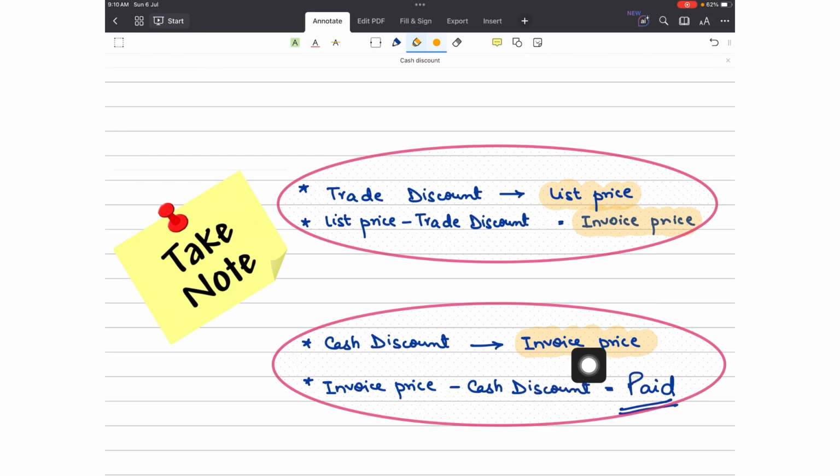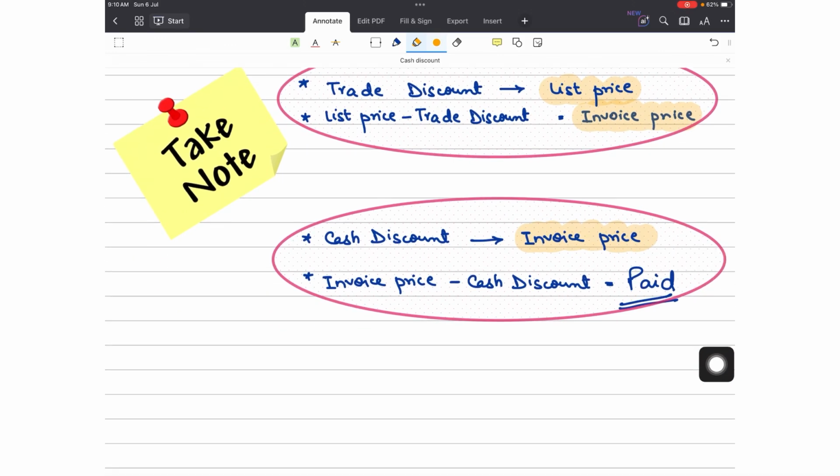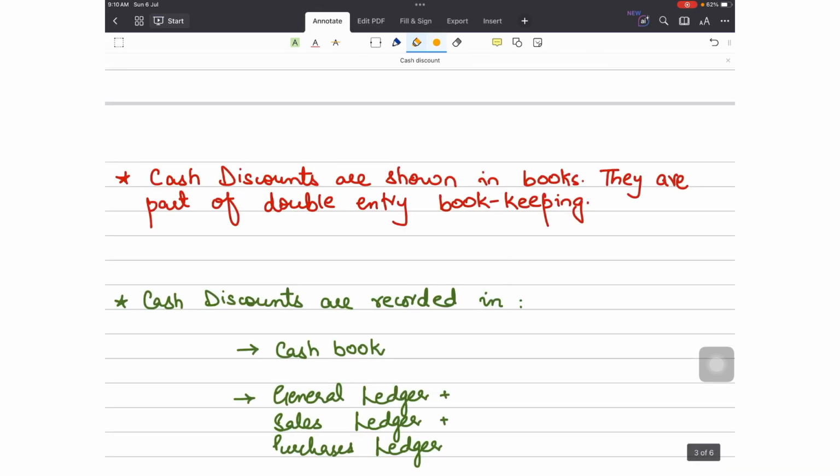How is that calculated? What is actually paid is calculated by subtracting cash discount from the invoice price, so that we arrive at the amount which will actually be received from the buyer, or which will be paid to the supplier.